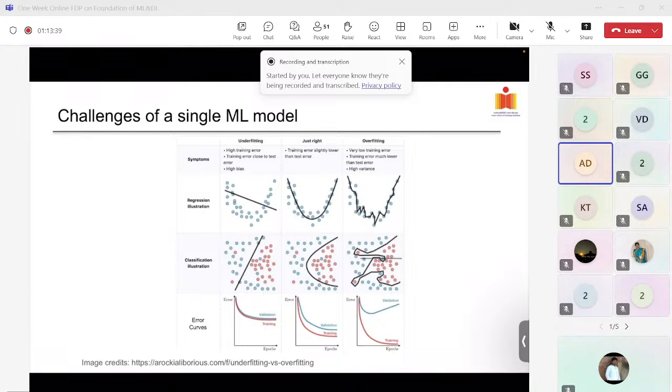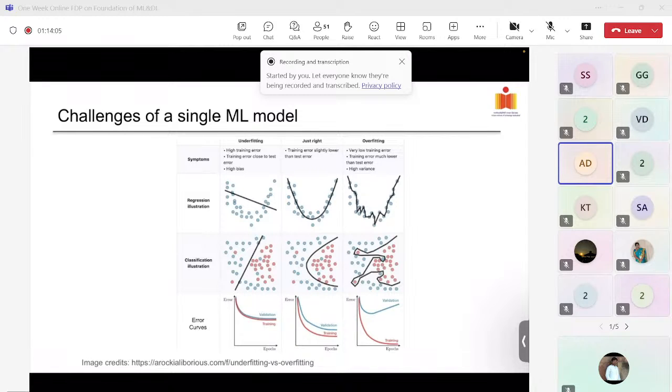And when a test example comes, it will fail very badly. Your ideal situation is where you want to be in the middle, where your training error is low and at the same time your validation error is low. Both of the errors are low. That is the ideal situation, which you can see, right? This parabolic curve is good for regression, and similarly this non-linear classifier is good for classification. Even though some points are misclassified, it is still fine.